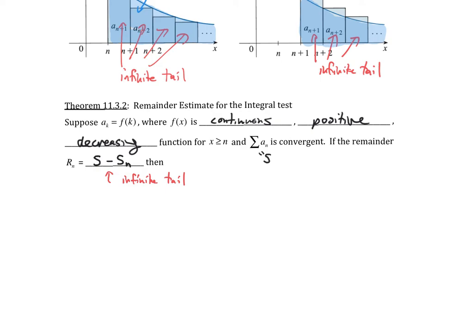So we can bound that error as follows. The remainder is going to be in the middle. The upper bound is going to be our overestimate, which was the integral from n to infinity of f of x dx. And the lower bound is going to be our underestimate, which was the integral from n plus 1 to infinity of f of x dx.